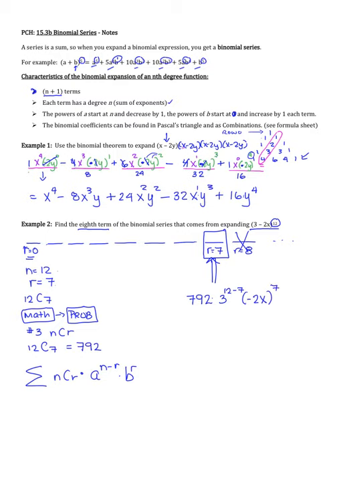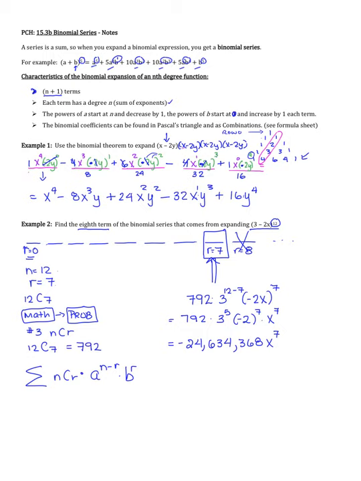So when we work this out, it's going to be 792 times 3 to the 5th power times negative 2 to the 7th power times x to the 7th power. And when you work that out, it's going to be a lovely negative, is that going to be million? Yes, negative 24,634,368 x to the 7th.